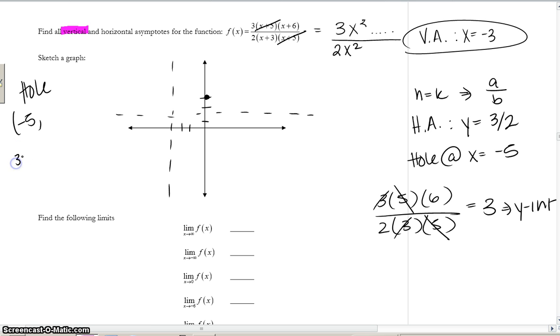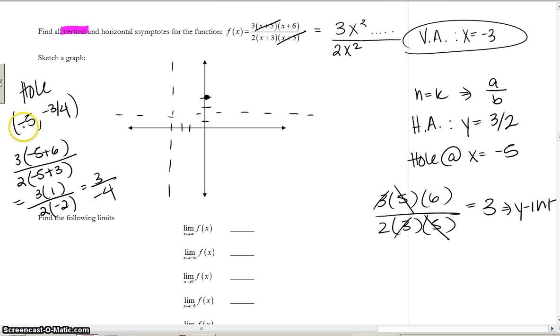So you go 3 times (-5 plus 6) over 2 times (-5 plus 3), which is 3 times 1 over 2 times -2. So that's 3 over -4, so -3/4. So this is where our hole is.